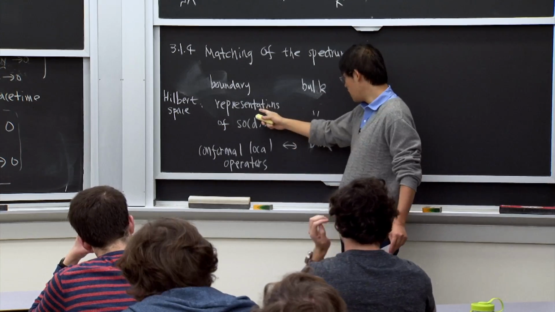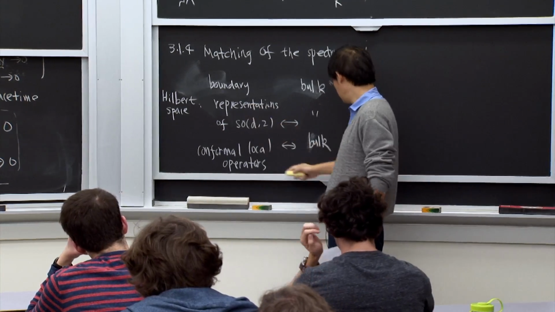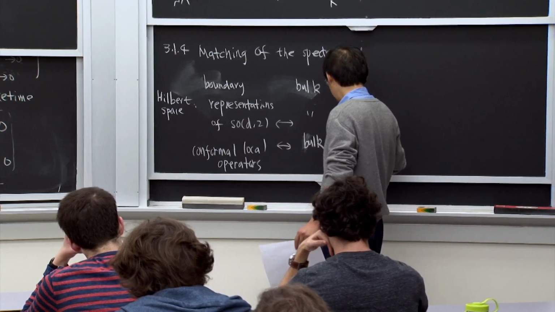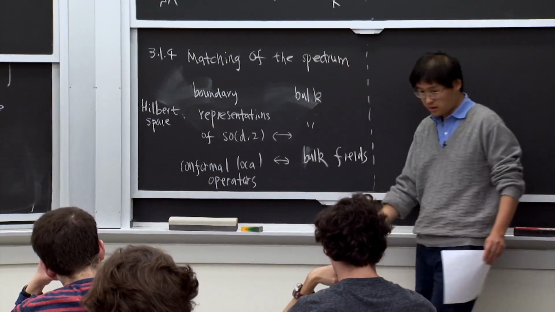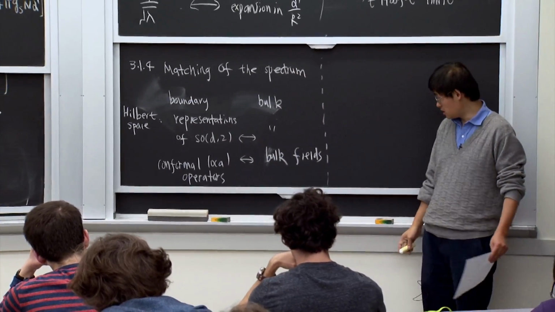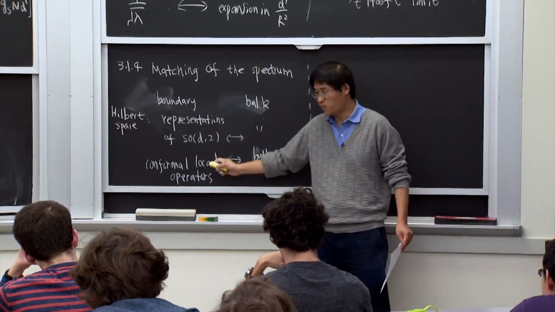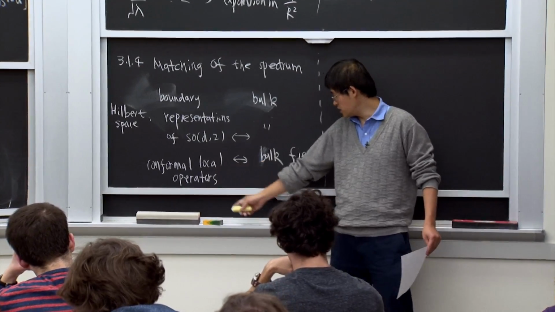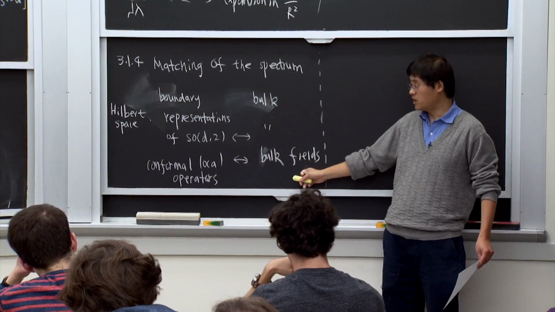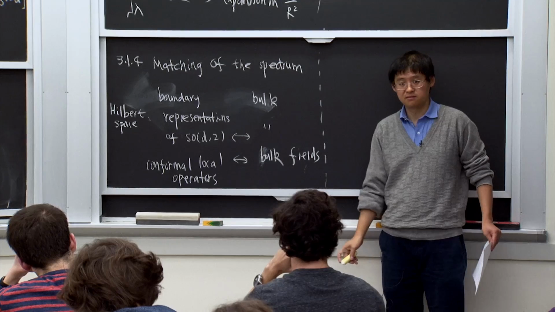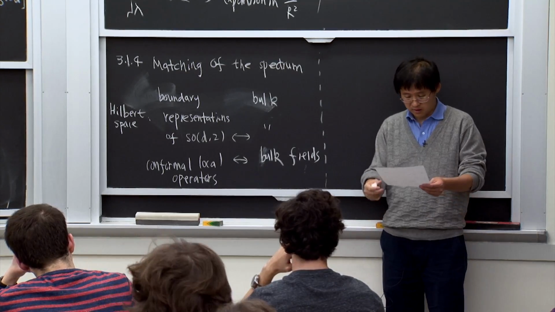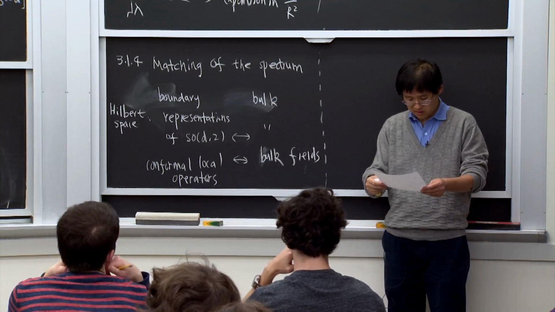And the field should also transform under this SO(d,2) isometry. Then that should mean there should be a one-to-one correspondence between the local operators here and the bulk fields in the gravity side. Okay, there should be one-to-one correspondence on that side.